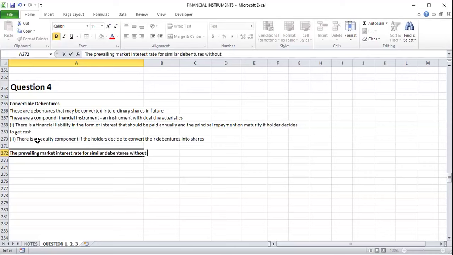Without, because exams or assessments can give you rates with a conversion option and without. We use the one without a conversion option as the effective interest.